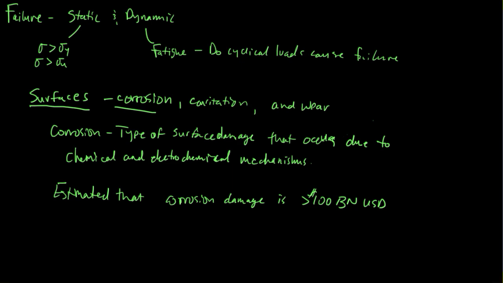Corrosion is a type of surface damage, sometimes also called surface degradation. We have to consider it when we're doing design, because often we design things that are going to be left in an environment that could be corrosive for many years, and we need to consider what's going to happen to that device.